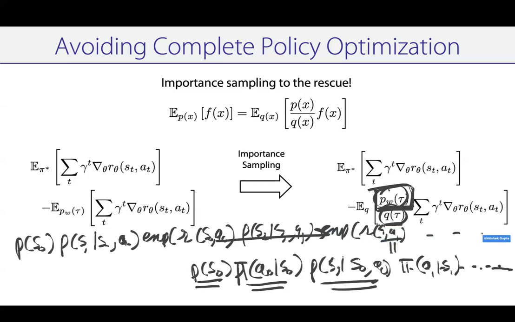I'm going to state this without proof: the likelihood of a trajectory under the optimal maxent policy is proportional to the initial state distribution times the dynamics times the exponentiated reward, and so on.